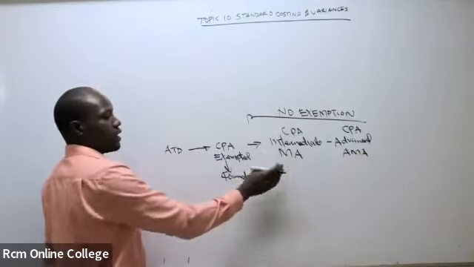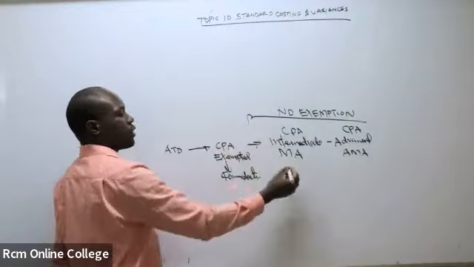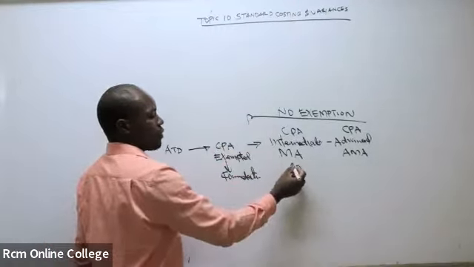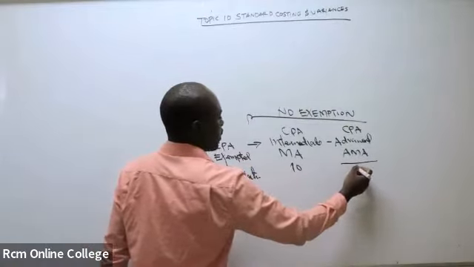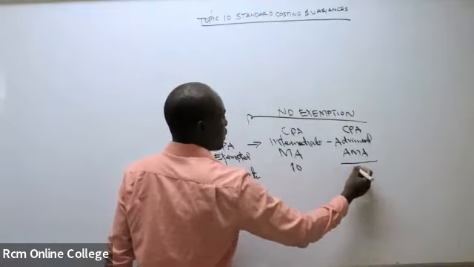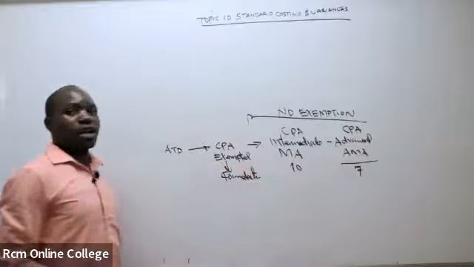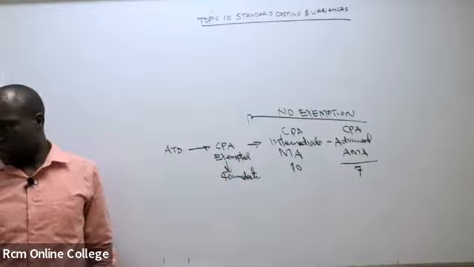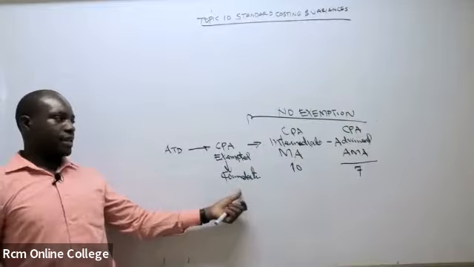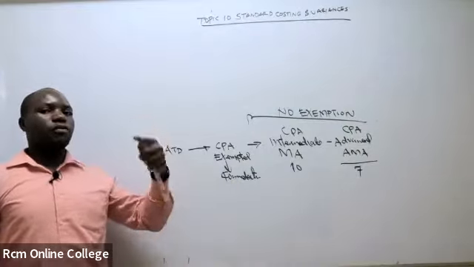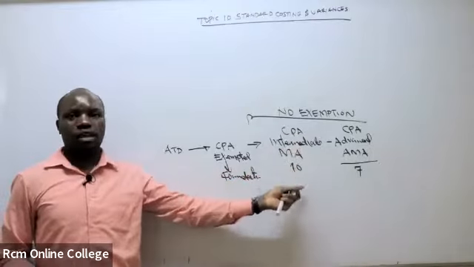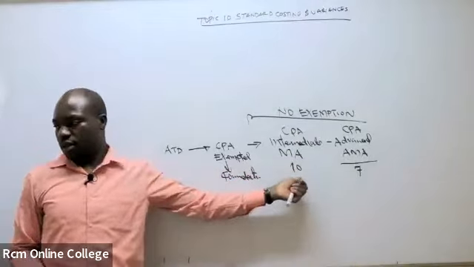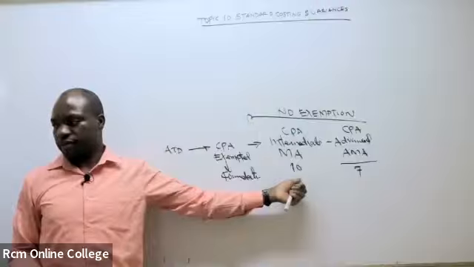So at CPA level intermediate, this is topic number 10. When I get to advanced level, it has been combined and it is now found in topic number 7. What does it tell you? If you don't attend this class as an ATD student, you'll be forced to attend management accounting class at intermediate level so that you can get this concept under topic number 7.